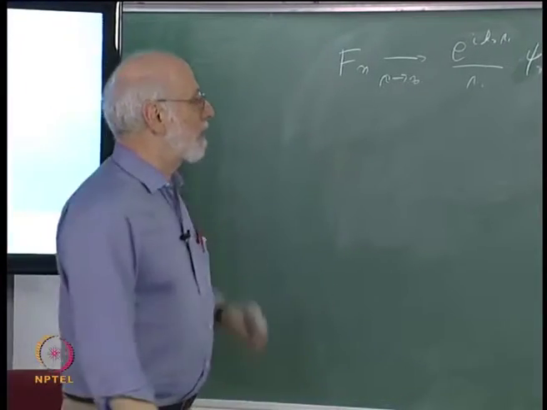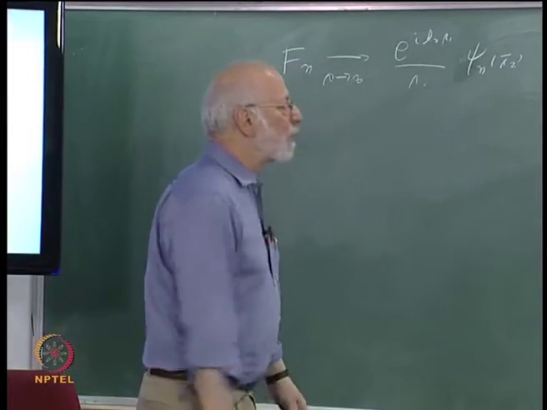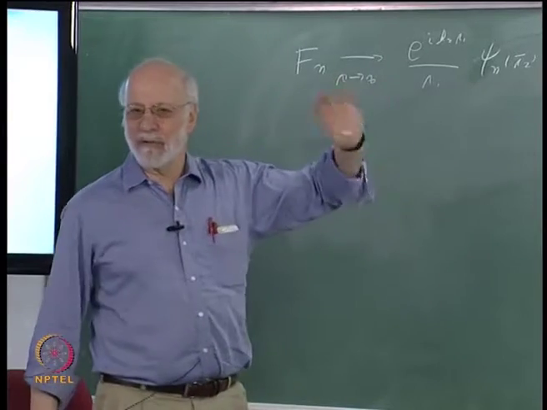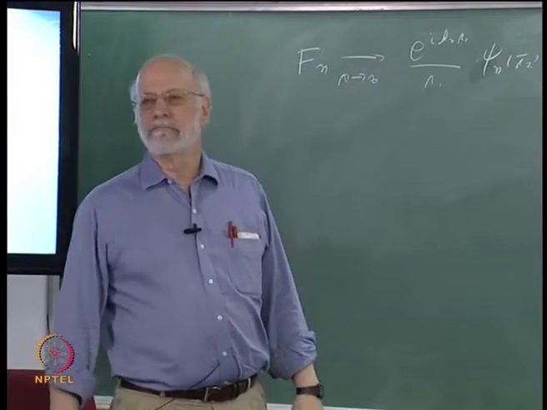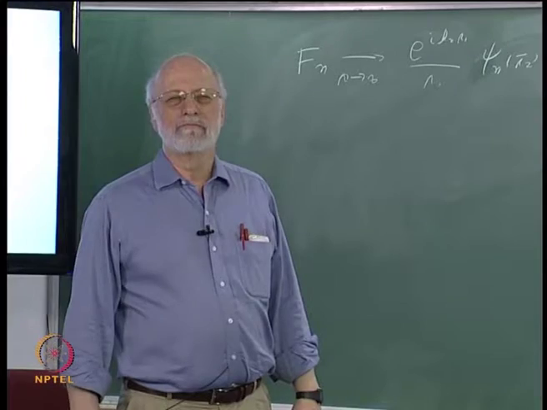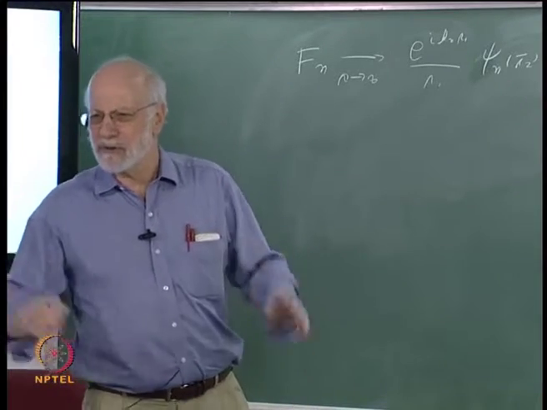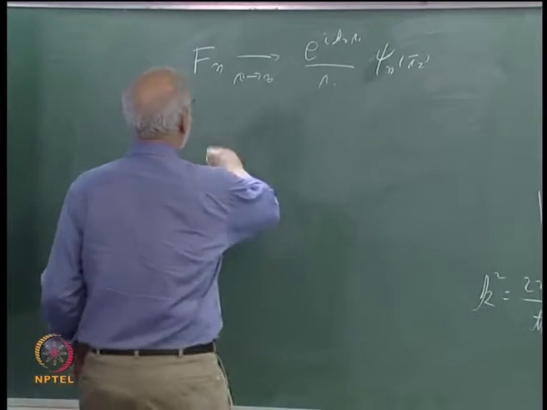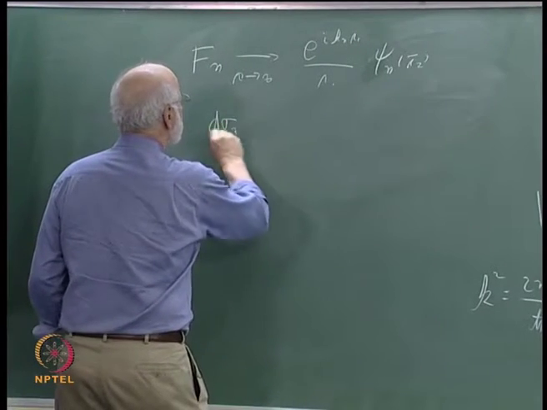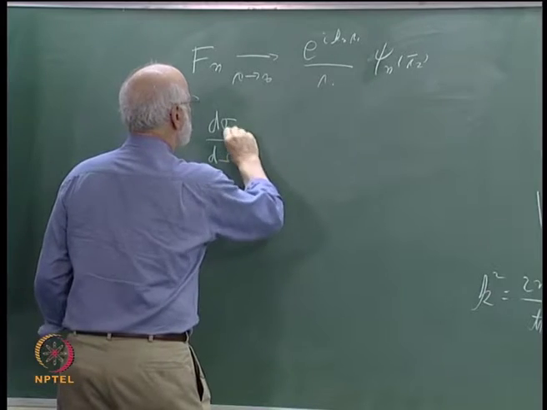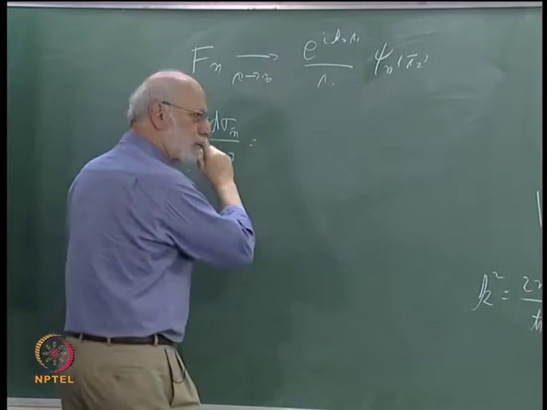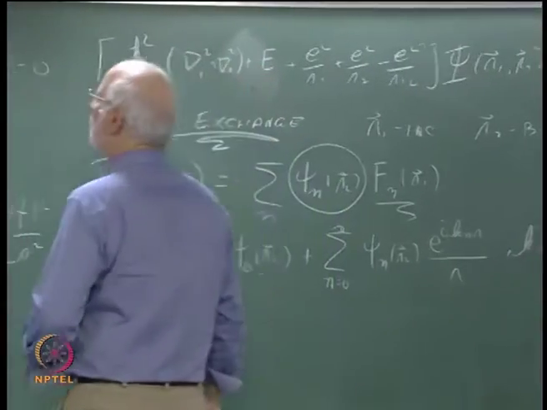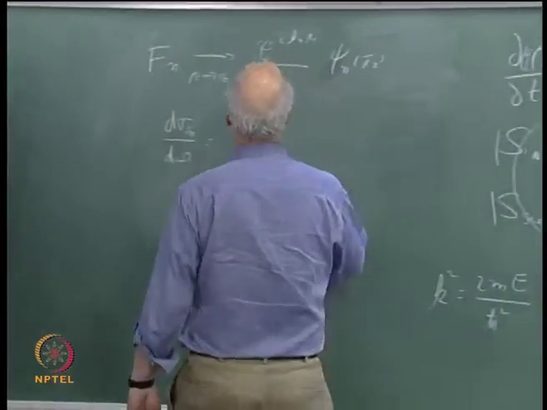Oh, by the way, there's one more thing that I want to mention. Let's assume that I can solve this. A really bad assumption, but let's assume that I can. Then, from what we did before, d sigma n d omega would be equal to what? I'm sorry, I forgot something here.